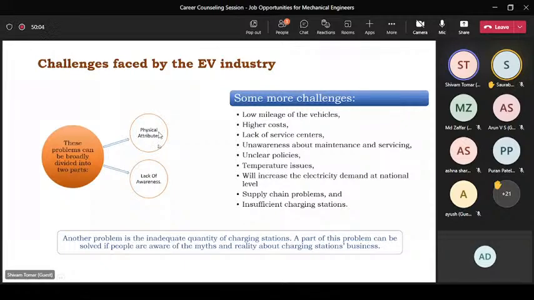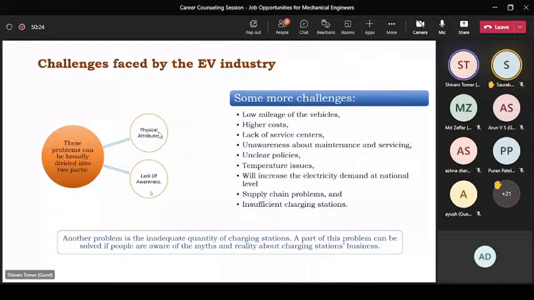Lack of awareness is among the people. People are not familiar with how to handle electric vehicles. This is the biggest challenge. People have the habit of using vehicles as they used normal petrol vehicles.